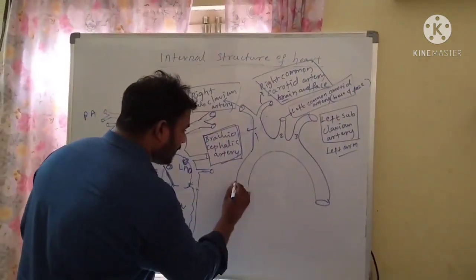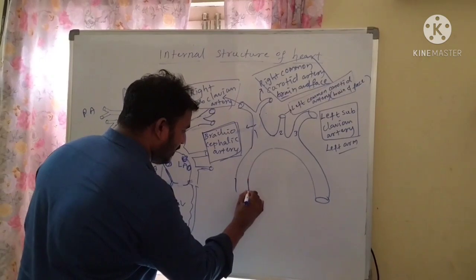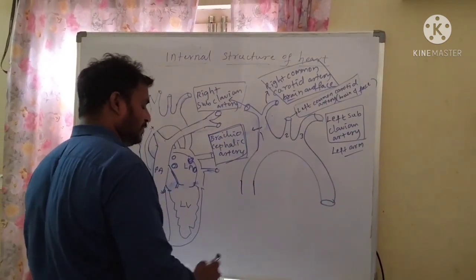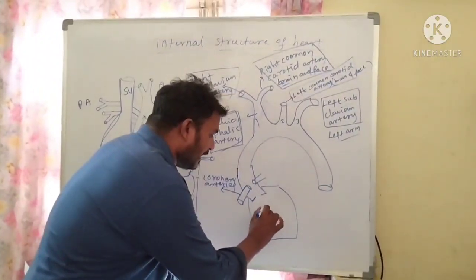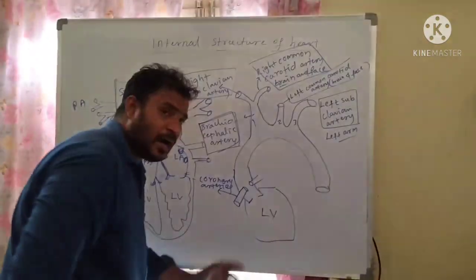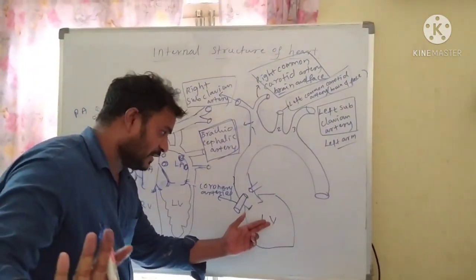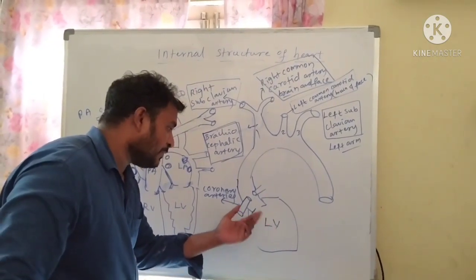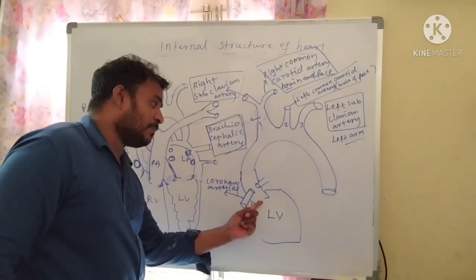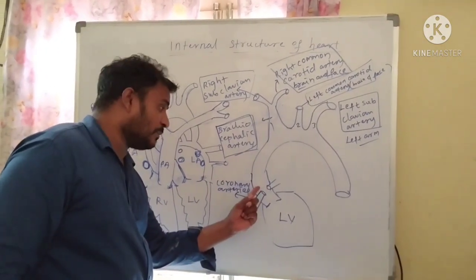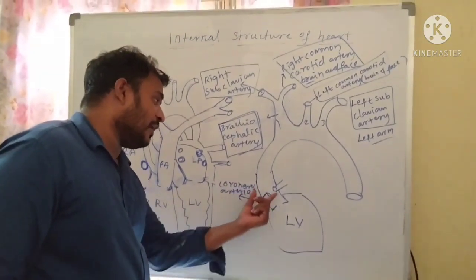And from the base of the aorta, which originates from the left ventricle, at the base of the aorta, just above the bicuspid valve, a pair of arteries arise.